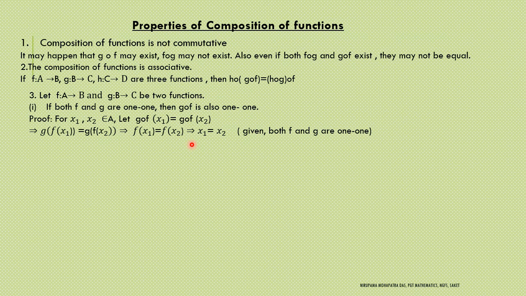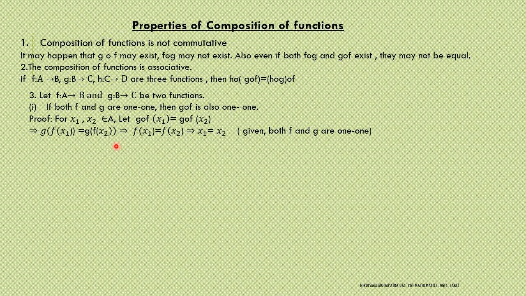We are given g is 1-1. So if the function g is 1-1, then g(a) equal to g(b) implies a equal to b.